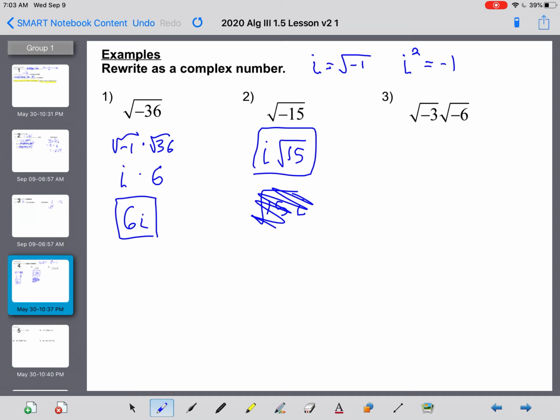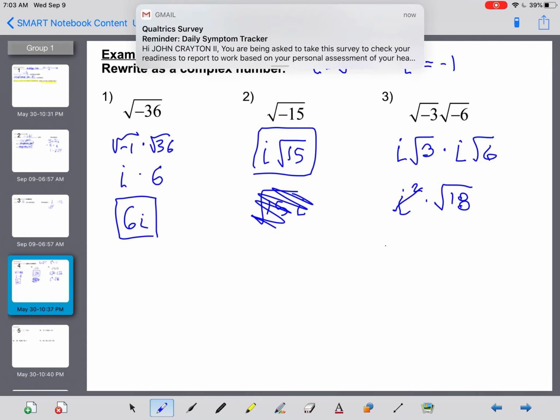Over here, again, let's do the quick. So I'm going to get I root 3 times I root 6 respectively here. I times I is I squared. Root 3 times root 6 is root 18. This becomes negative 1.